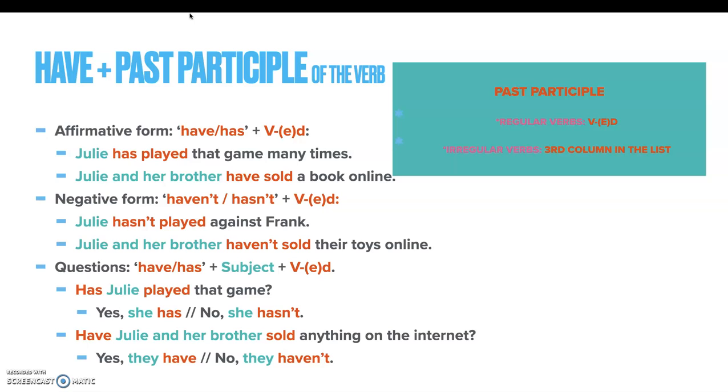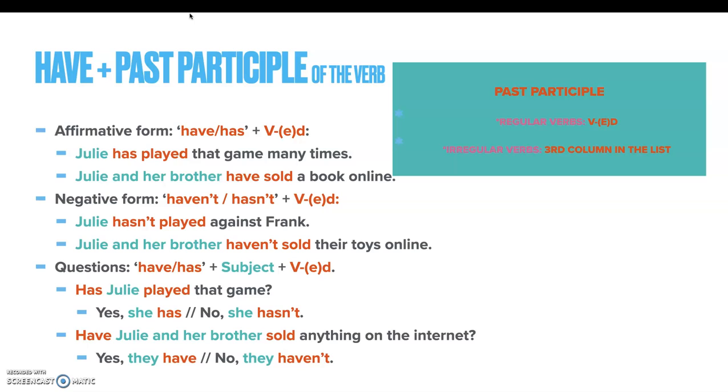The past participle of the verb is formed with the ending ed for regular verbs. If the verb already ends in an e, we only add the d. So for example, the past participle of play is played.